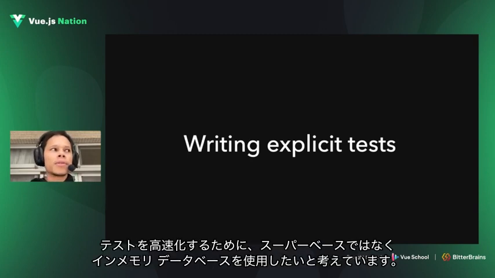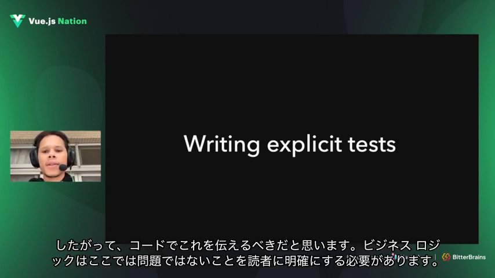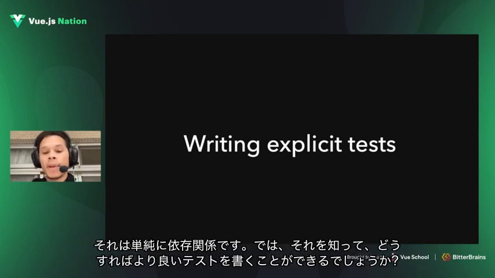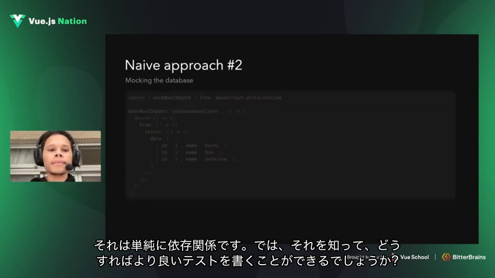We just want to use an in-memory database instead of Supabase to speed up the tests. So I think the code should convey this. We should make it clear to the reader that the business logic is not the concern here. It's simply the dependency. So knowing that, how can we write a better test?